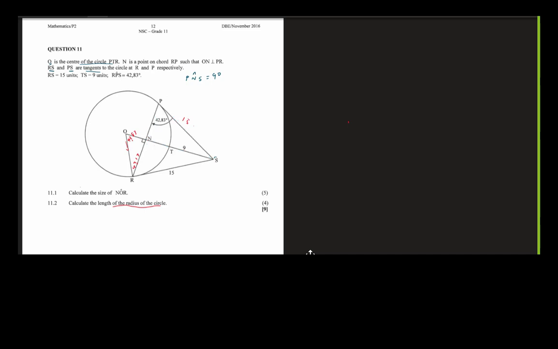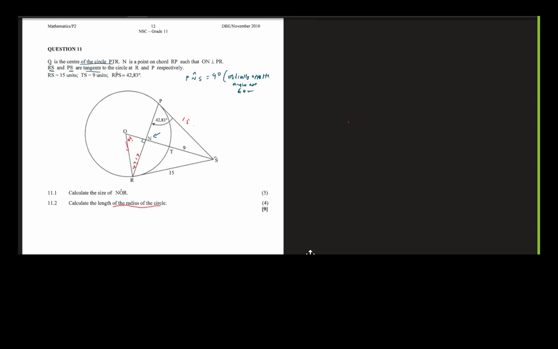You start by explaining why this angle is 90. The reason is vertically opposite angles. Vertically opposite angles are equal.